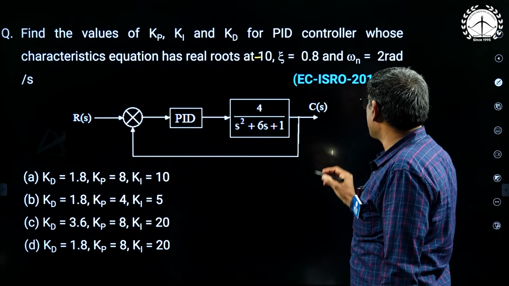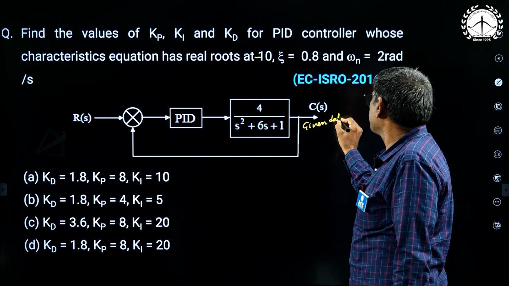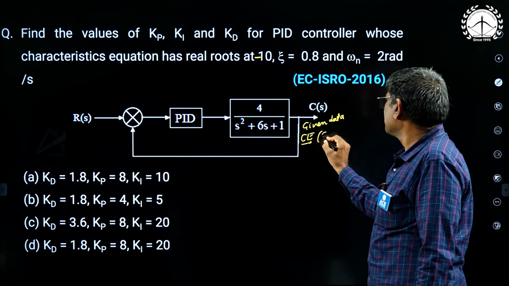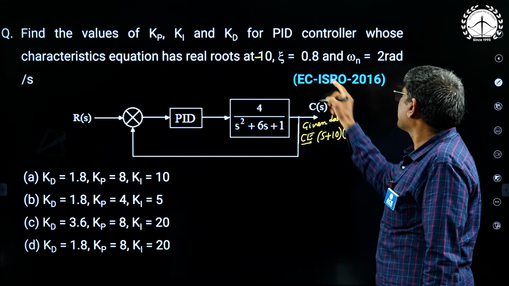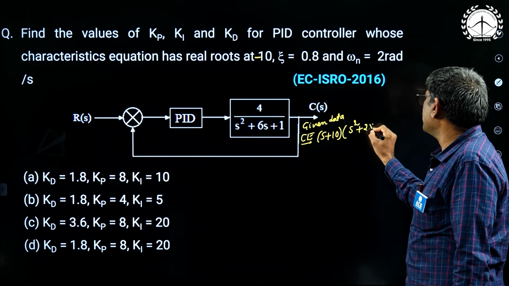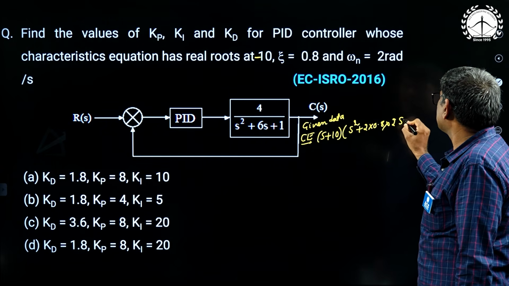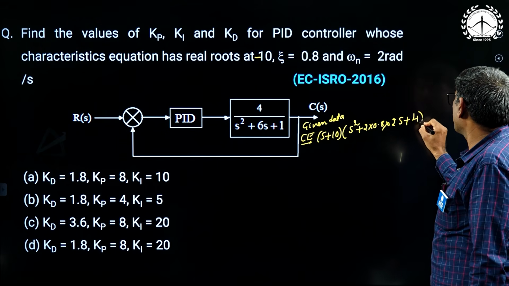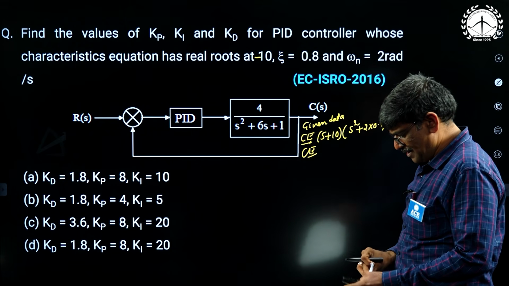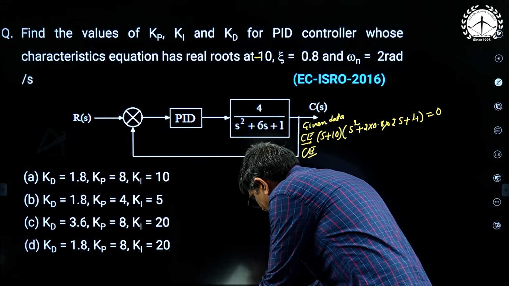But as per procedure, first, for the given data, write the characteristic equation. What is the characteristic equation? One pole is at minus 10, which means S plus 10. For the remaining, zeta should be 0.8, so S square plus 2 into zeta 0.8 into omega n into S plus omega n square, with omega n equal to 2, equal to 0.